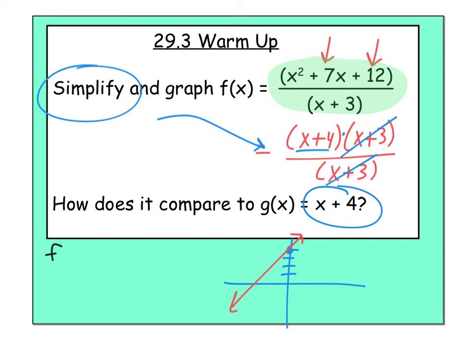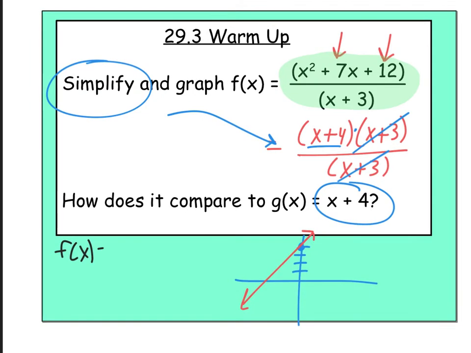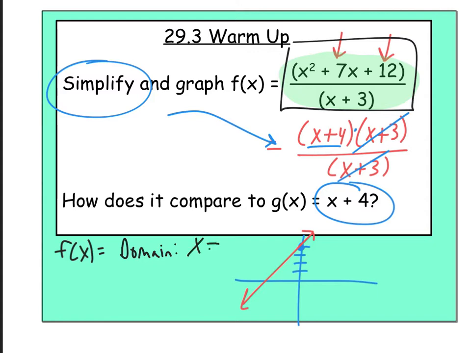So f of x, the original rational function here, if you think about its domain, x cannot equal negative 3. Okay, because again, when x is negative 3, that causes a big issue where we have a 0 in the denominator.